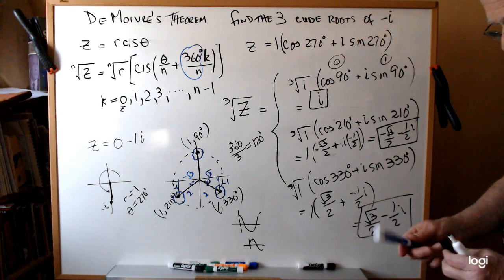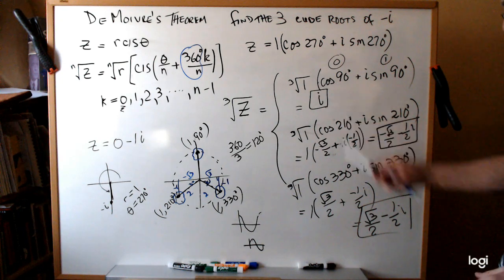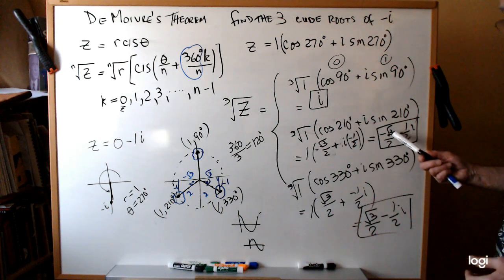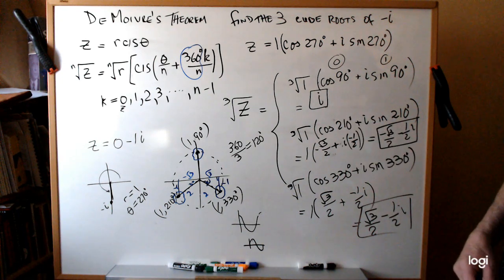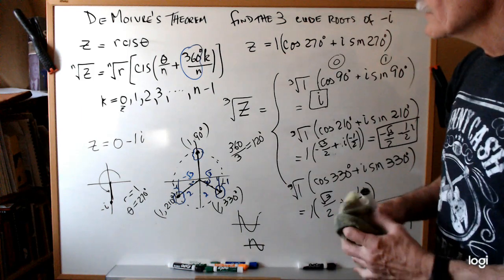All right, let me check one of them. I'm just going to check this one. But these you can check easily. In fact, there's a way to do this on your calculator. So I'll leave that up to you, or maybe we'll cover that next time. But let me just check one of these, okay?